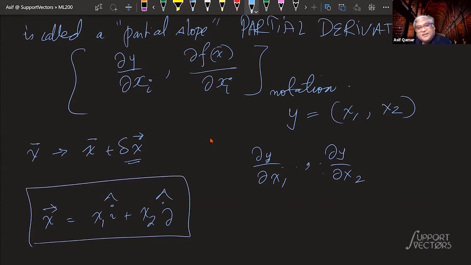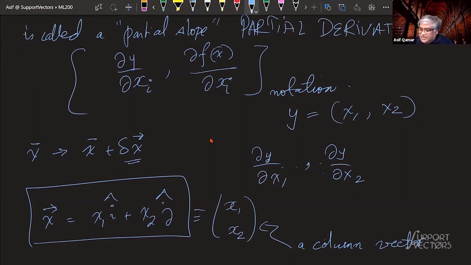Isn't it, guys? The standard notation. But in machine learning, you don't tend to write i, j, k. You tend to write x1, x2 as a column vector. Vectors are written in machine learning as column vectors, and it is absolutely equivalent; it's just a different language in which we write it. So x is a vector. Now we notice that you can take partial derivatives with respect to each of the x's.